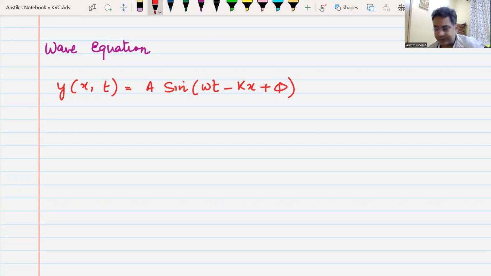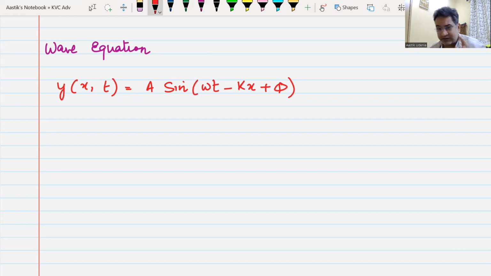Putting the value of t and the value of x, you can find out the position of any particle at any time. Yes or no? Yes, sir. You can find out the position of any particle at any time.